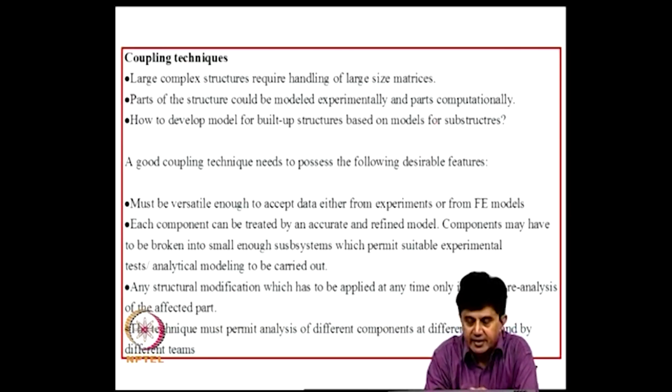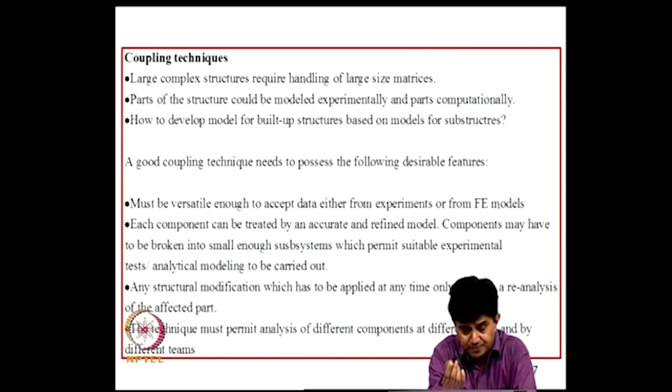A good coupling technique needs to possess some desirable features. It must be versatile enough to accept data either from experiments or from an FE model. So, a part of the structure can be modeled experimentally and part computationally. The computational modeler will be able to give structural matrices, mode shapes, natural frequencies and so forth.